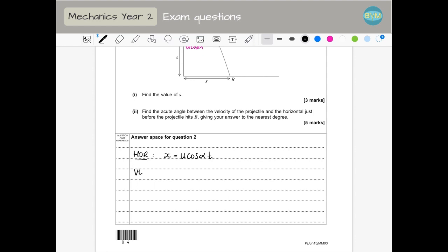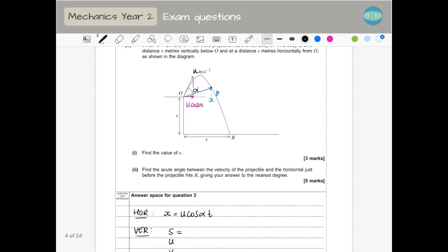If we look at the vertical motion, we have something moving freely under gravity. So really we have something with constant acceleration, which is gravity, and we can write a SUVAT equation that connects our variables. The displacement is going to be y, the vertical displacement.